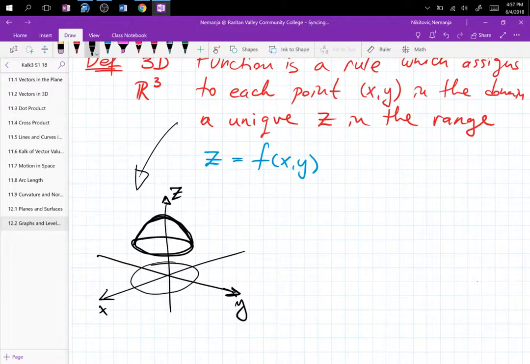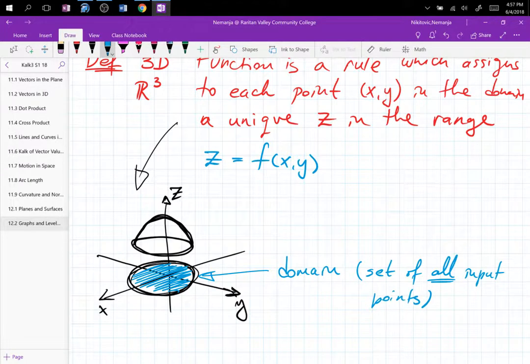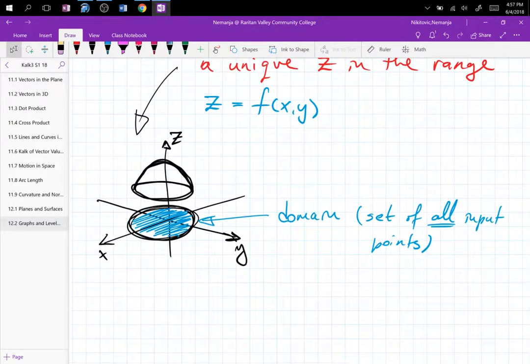So whatever it is, it's going to have the domain here. I'm going to say that this over here is the domain. And domain, as we know, is the set of all input points so that we are able to compute output.